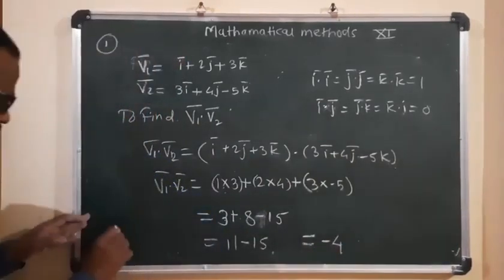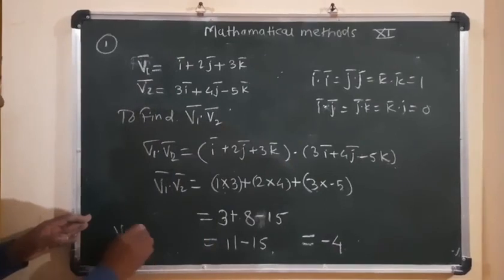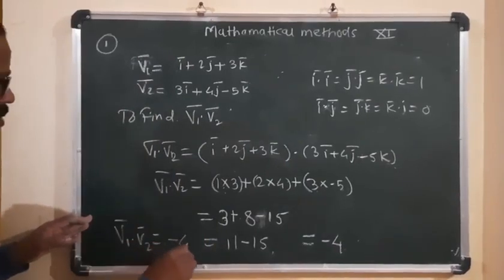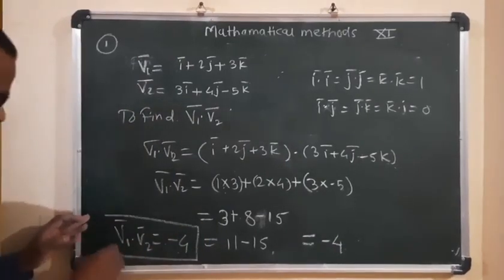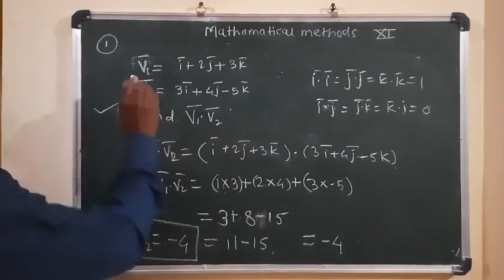That is, V1 bar dot V2 bar is equal to minus 4. This is the answer of the given problem.